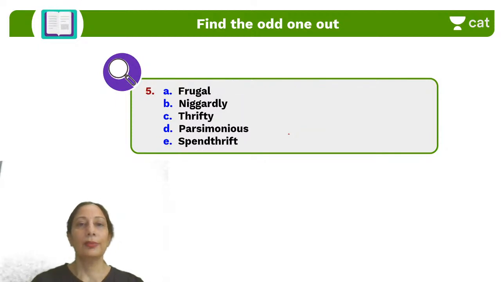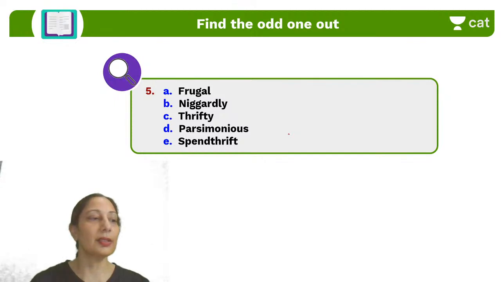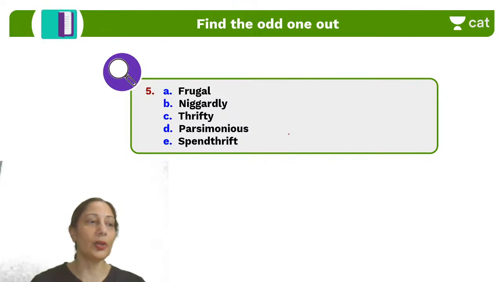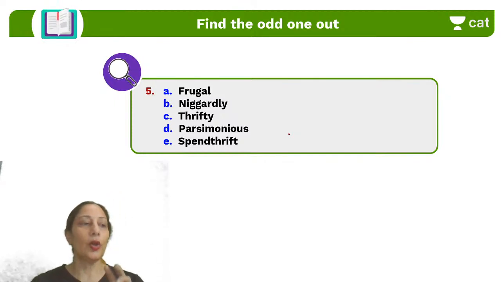Okay. Frugal, niggardly, thrifty, parsimonious, spendthrift. Yes, lampoon is to publicly criticize. So how is it positive? It is not positive. They are all talking about being critical, while tragedy is totally negative, right?